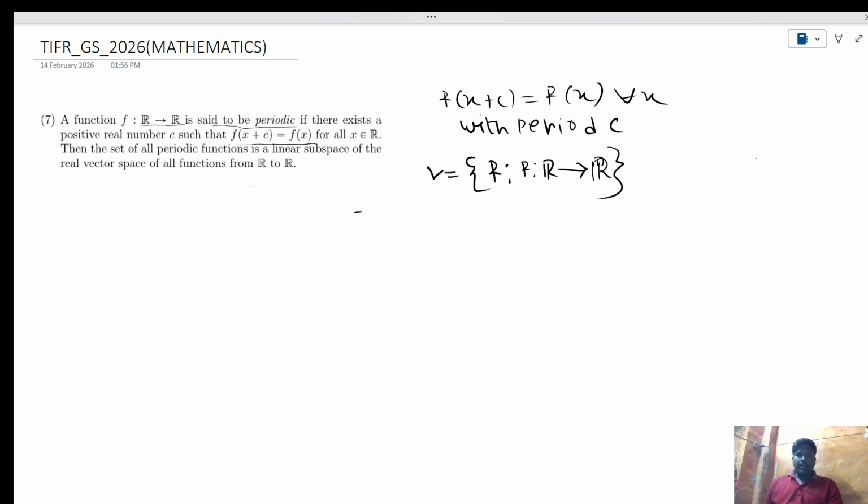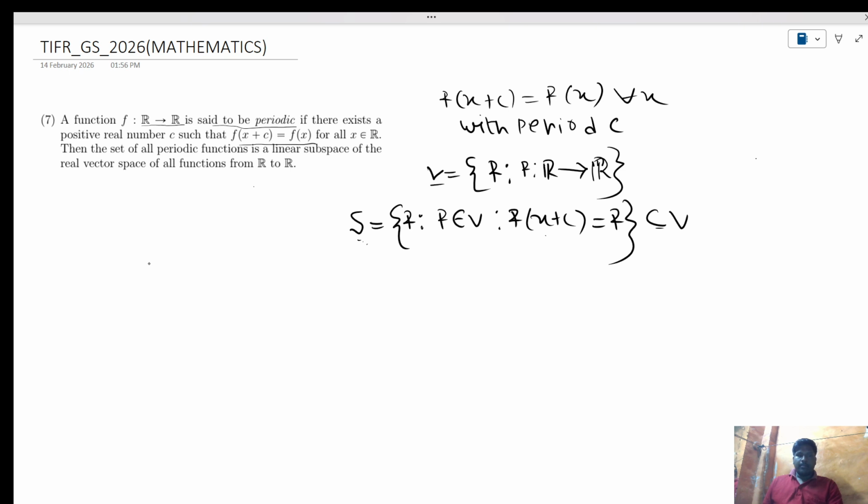Now, S is a subset of V. It contains those functions f belonging to V such that f of x plus c equals f of x. That means S is a subset, not yet a subspace. This subset contains all the periodic functions. So we have to check whether this set S is a subspace of the vector space V or not.